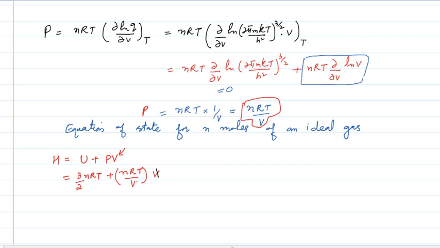This V and V will cancel, so it will be equal to, this is 3 by 2 times nRT, it is 1 times nRT, so it will be equal to 5 by 2 nRT. So this is the enthalpy for a monoatomic gas. Okay.